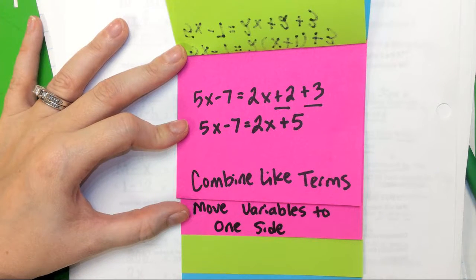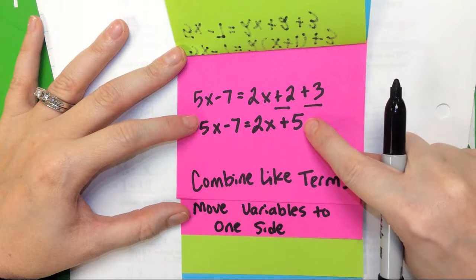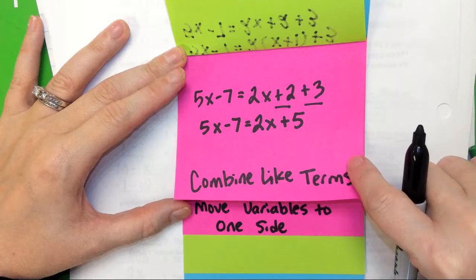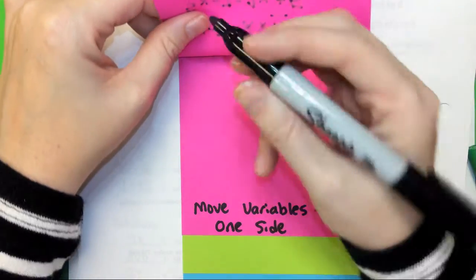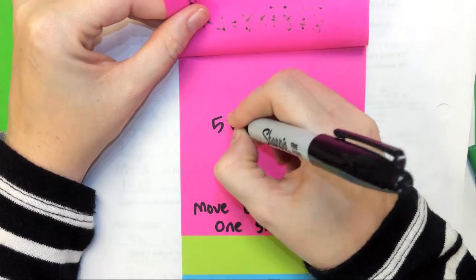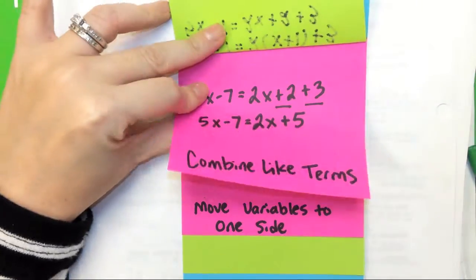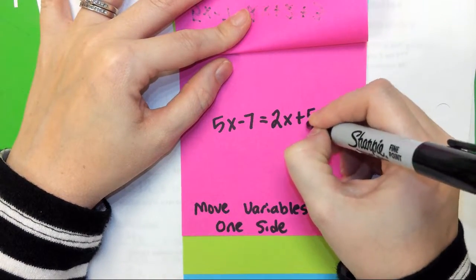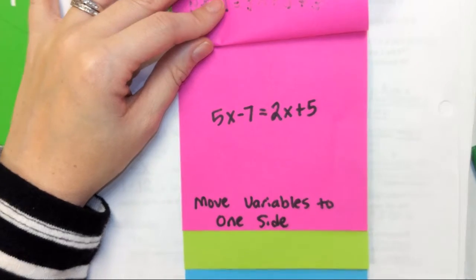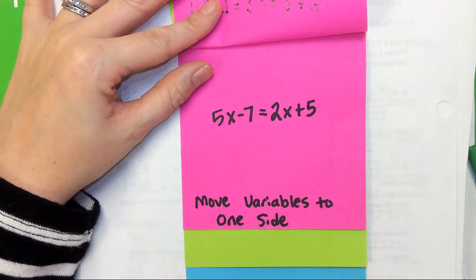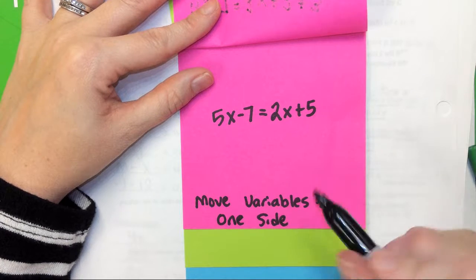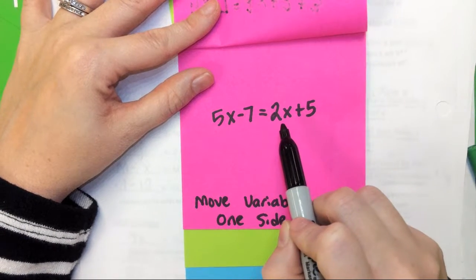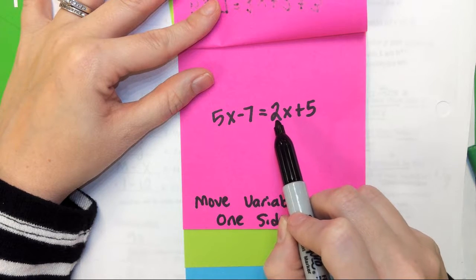So just like last time, I'm going to take the last step of my problem and I'm going to rewrite it on the next tab. 5x minus 7 equals 2x plus 5. And now I can move the variables to one side. So what I like to do is I like to pick the smaller one. We have 5x and 2x, so obviously 2x is smaller.